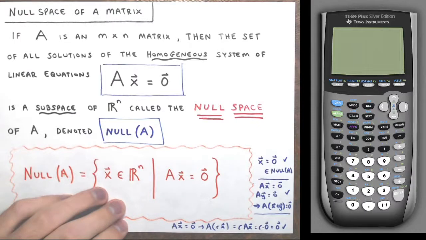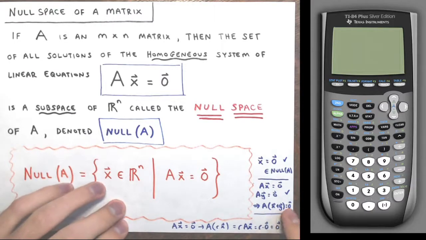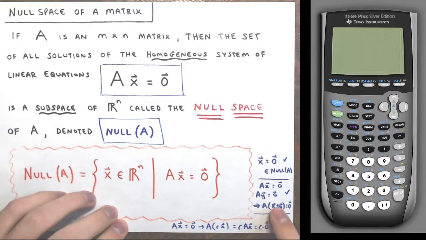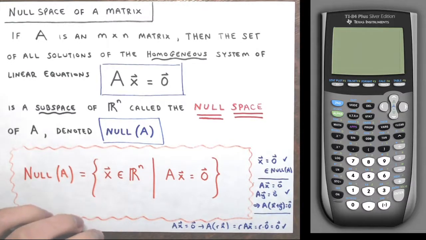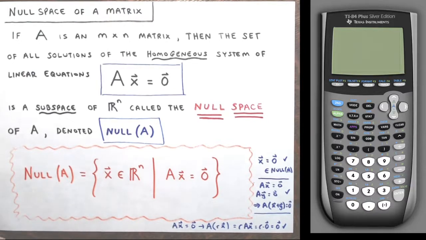Then their sum, x plus y, when you multiply it by A, gives the zero vector, because you can distribute. That's Ax plus Ay, or 0 plus 0. You'd get the zero vector back with x plus y as well. So if x and y are in the null space, so is x plus y, and therefore it's closed under vector addition.